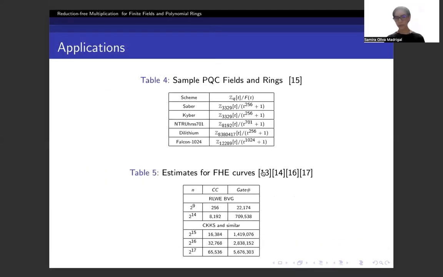These are some estimates for FHE: if we consider RF-FIKO for a 163 curve, what would approximately be the gate count? And we can see it's pretty good. And these are some of the rings that are used in the PQC schemes, table 4.